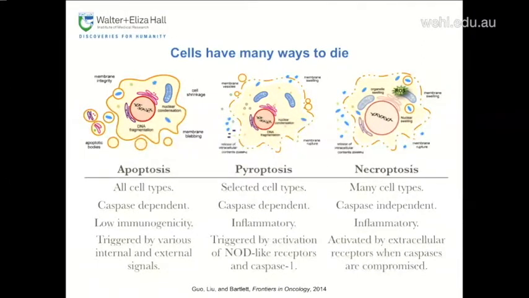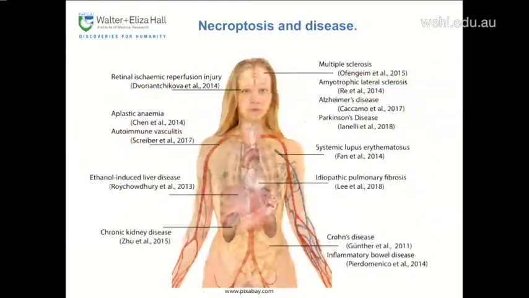And why we're interested in necroptosis is because it's a relatively new form of cell death that's really only been well characterised since about 2009. And some of the key effector, MLKL, which we're interested in, wasn't introduced until 2012.